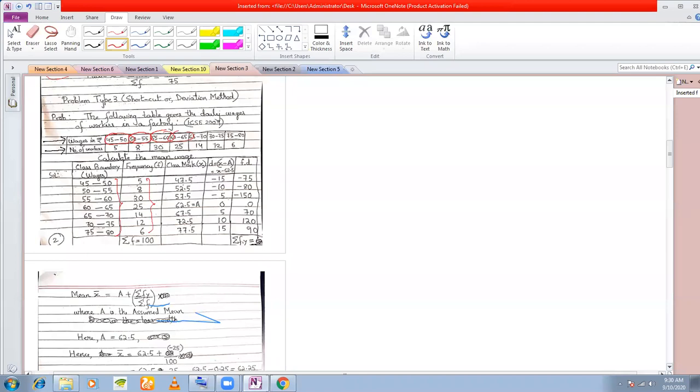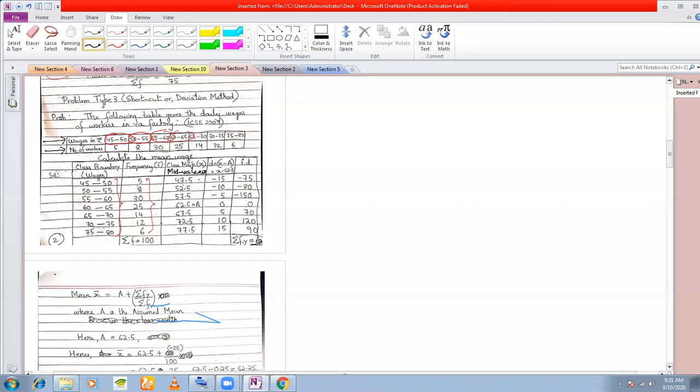Just copy them as it is. And the third column will be for class mark or mid values, because it is a grouped frequency distribution.